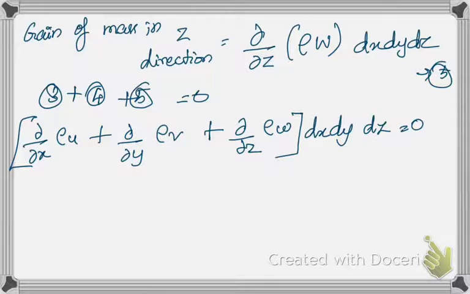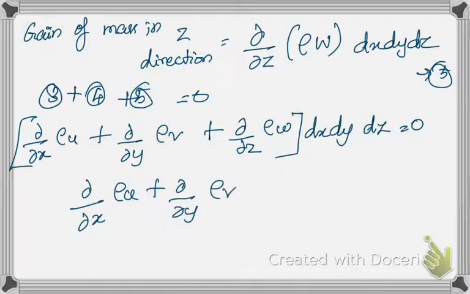Since it is 0 and all the terms are common, I am omitting dx dy dz. So dou by dou x of rho u plus dou by dou y of rho v plus dou by dou z of rho w is equal to 0.